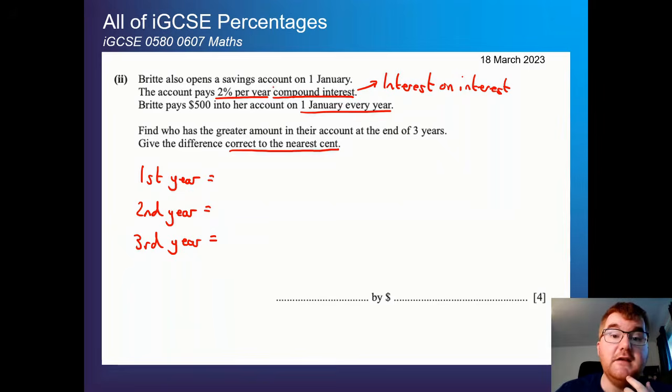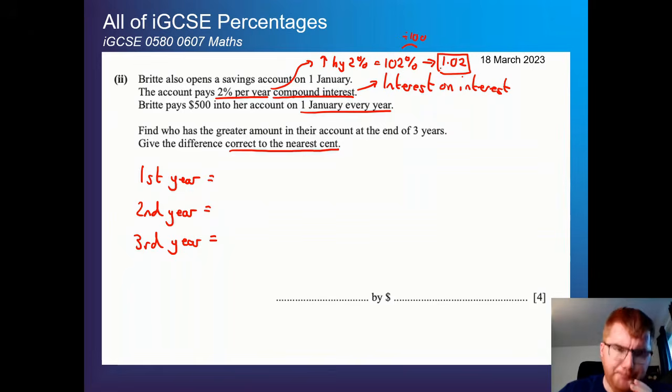Remember, if we're increasing by 2%, well, 100% plus 2% is equal to 102%. And if we divide that by 100, we then get the multiplier, which is really important here, of 1.02. So the first year, we're going to do 500 times 1.02. That will then give us the total amount that Britta has in her account after 1 year.